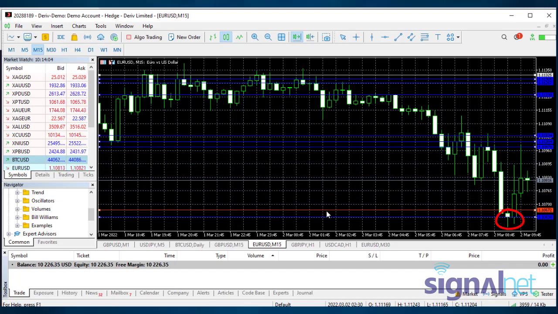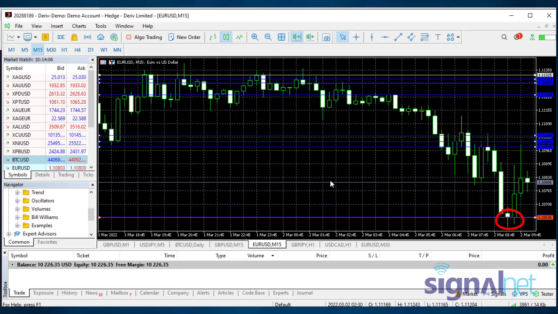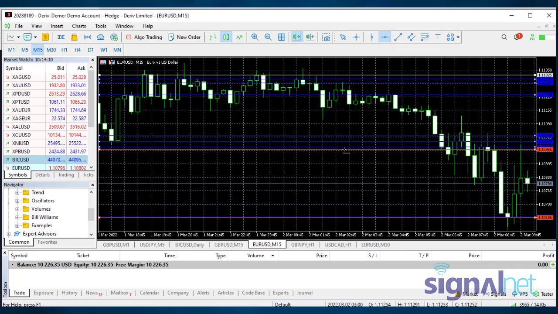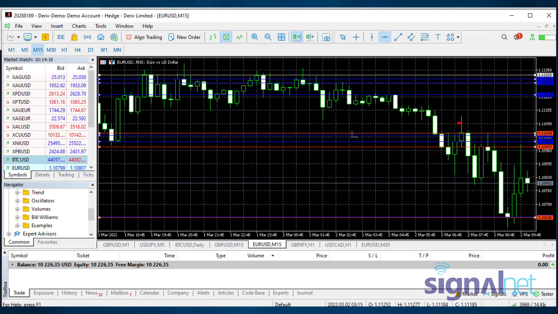I can easily see that, okay, this is the level that is being breached, and that usually affects my decision whether to pursue the trade or slow down on pursuing the trade. The stronger the level, the more chances that the market is going to react to that level.